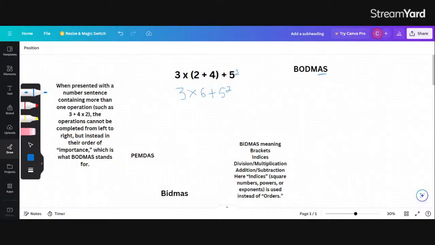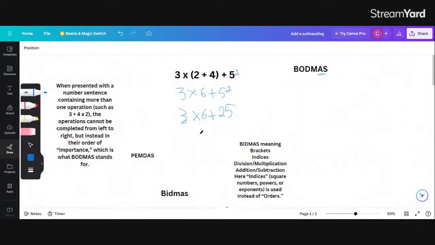That will give us 25. So we have to take 25 down. And then we take our 3 times 6 plus 25.